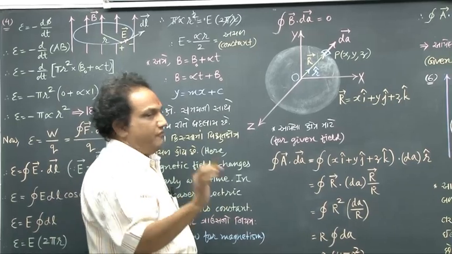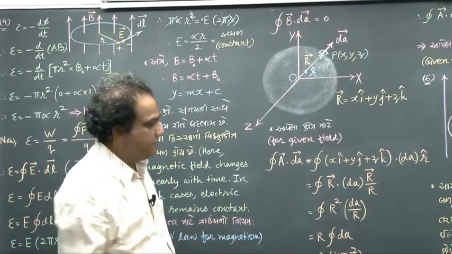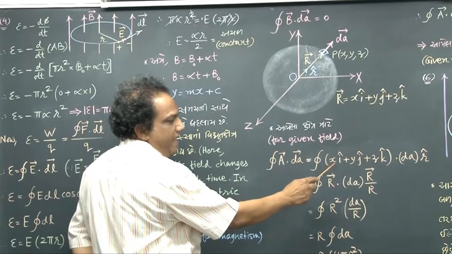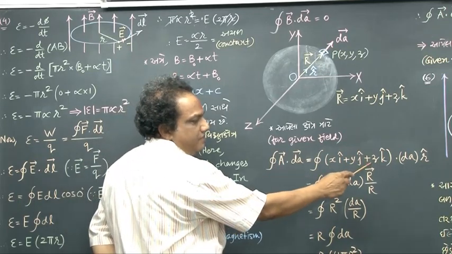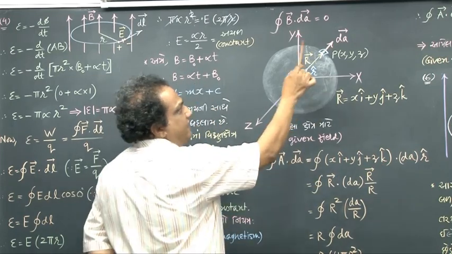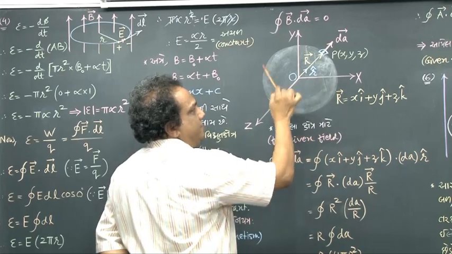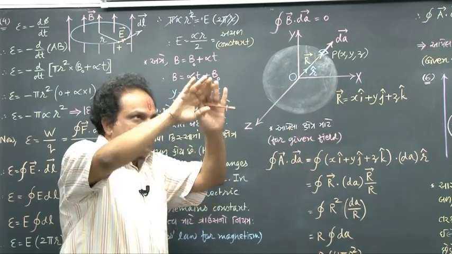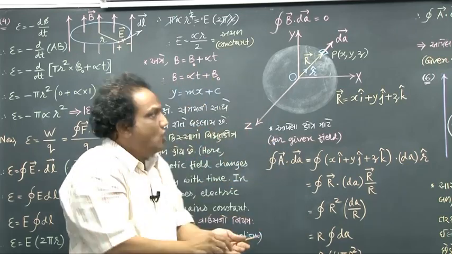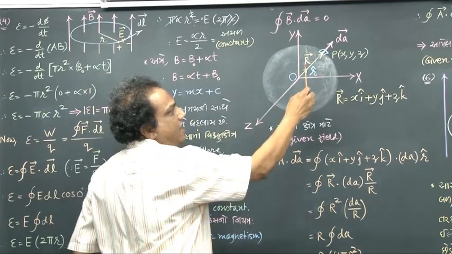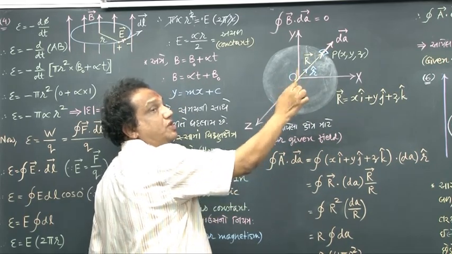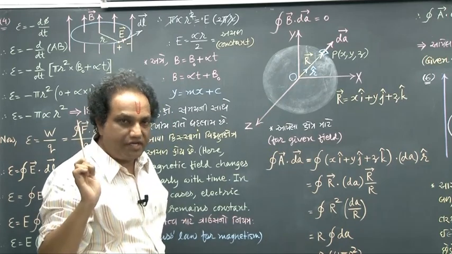Now tell me, which vector field have they given? The vector field which they have given is vector capital A equals x i hat plus y j hat plus z k hat. That is what they have given. Now in that vector field, we imagine a closed spherical surface of radius capital R, with its center exactly superposing on the origin of the Cartesian coordinate system.